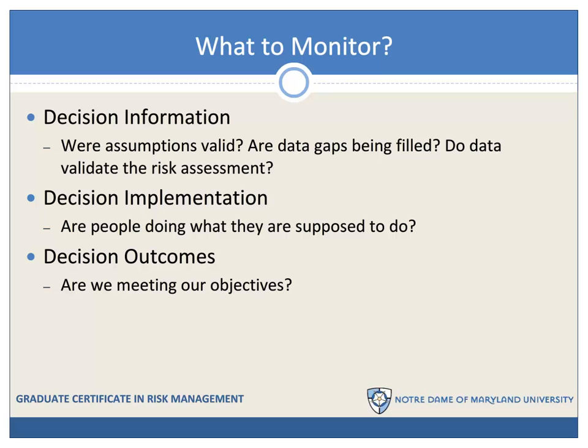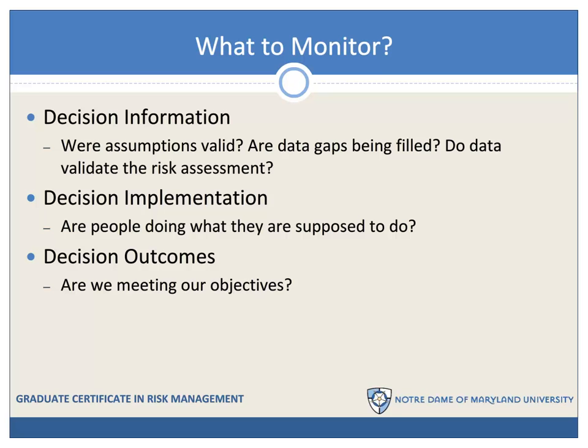If critical data gaps were identified in the remaining uncertainty, are we making progress in filling them? In some cases, we may gather data that can help us validate the results of the risk assessment. So it will make sense at times to monitor decision information.